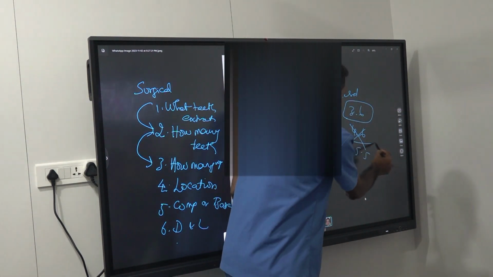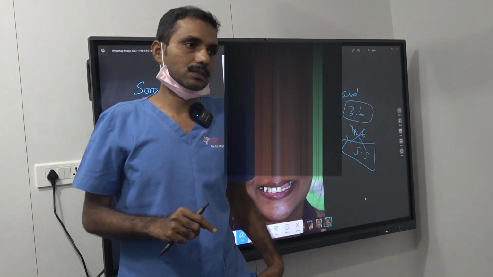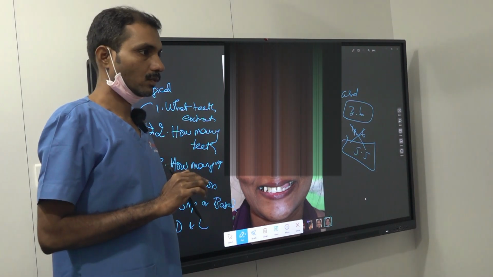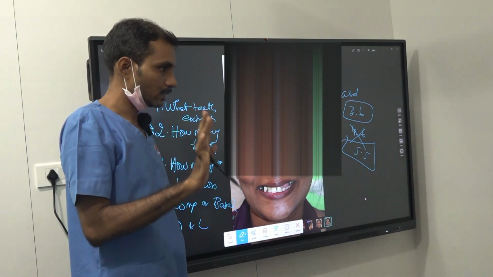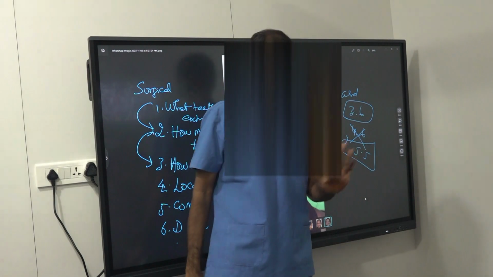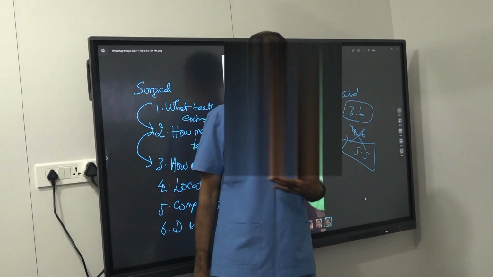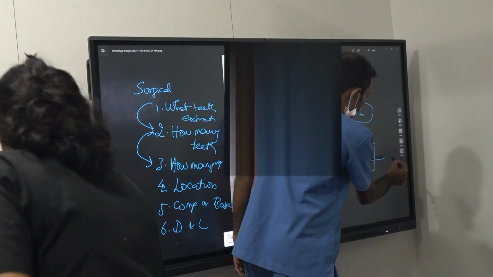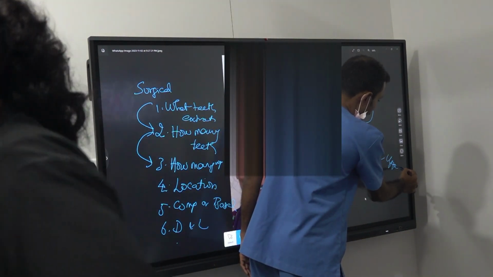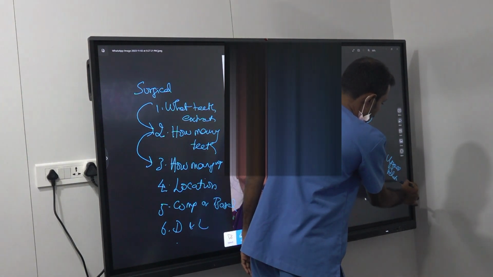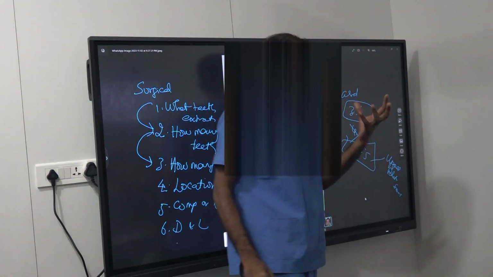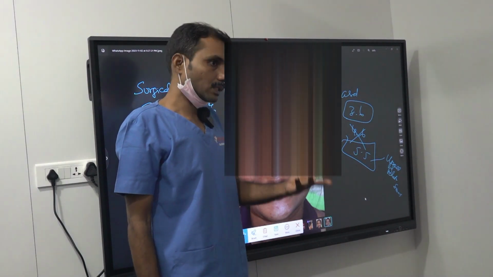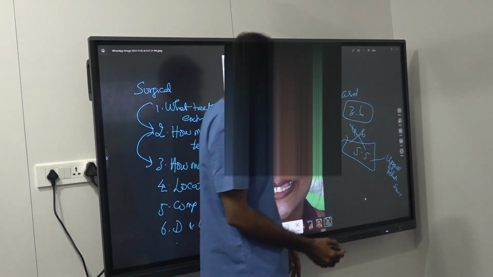We use 5.5 only in selected places. Upper molar palatal socket, it will engage nicely. You don't have to drill, just take a 5.5 and place it. Or lower premolar socket. 5.5 basal is useful for all the palatal sockets, either first or second molar.